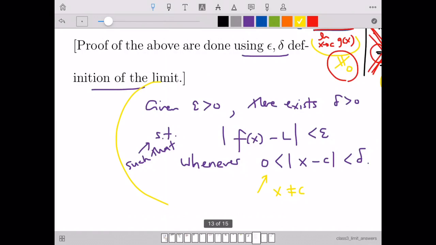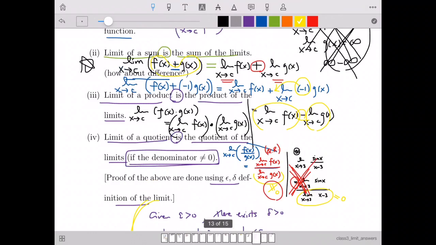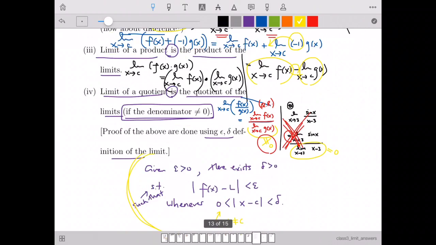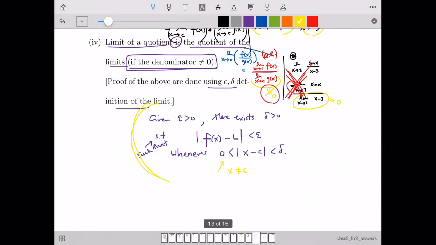So with this we can show all the limit laws. Those proofs are done in higher level math, not in calculus. So here we will just assume that these are all true without proof.